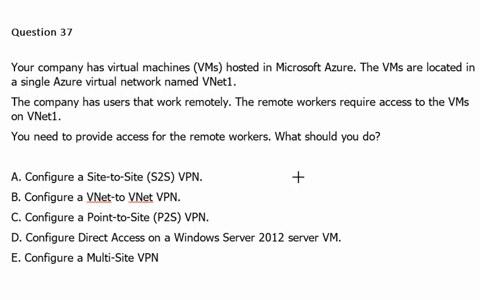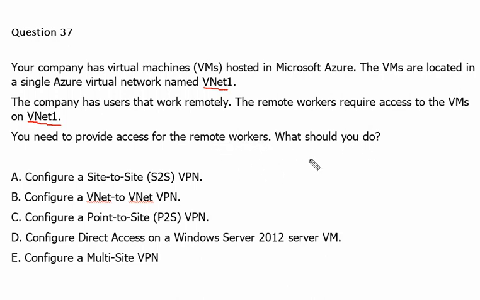Question number 37. Your company has virtual machines hosted in Microsoft Azure. The VMs are located in a single Azure virtual network named VNet1. The company has users that work remotely. The remote workers require access to VMs on VNet1. You need to provide access for the remote workers. What should you do?